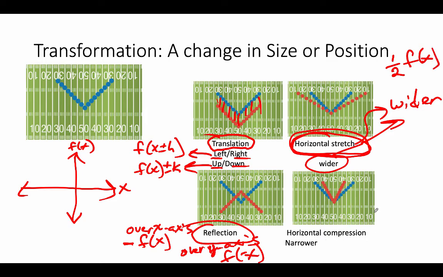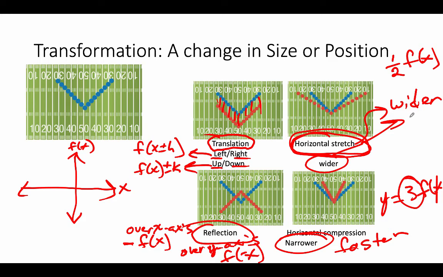So think about slope going up faster. Now I'm going to multiply by a number greater than 1, and that'll make it go up quicker. So wider and narrower is really going up faster or slower. I could call this a faster or steeper slope, and this is going to be a slower or much more shallow slope. Okay, so a bunch of information there.